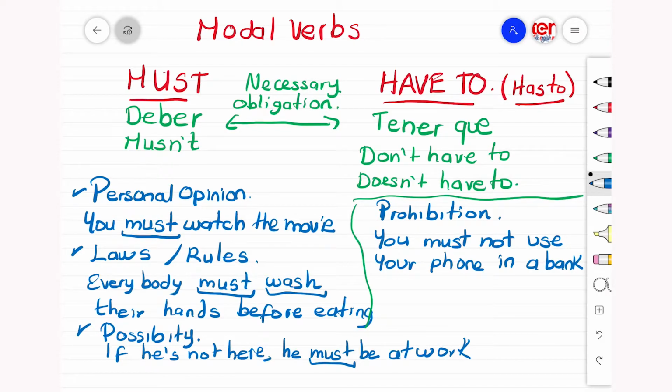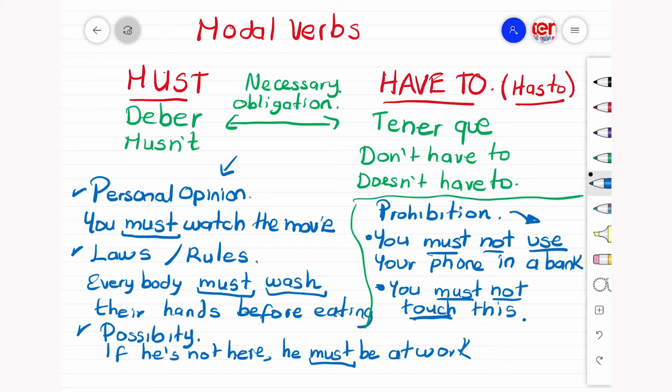Or you must not touch this. No debes tocar esto. It's dangerous. Must not and the verb. You see how different they are? This is an obligation, but this is something that is not allowed. No está permitido, not allowed. So this is about the use of must.